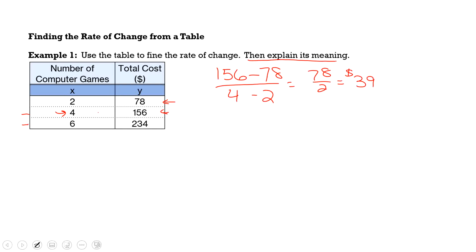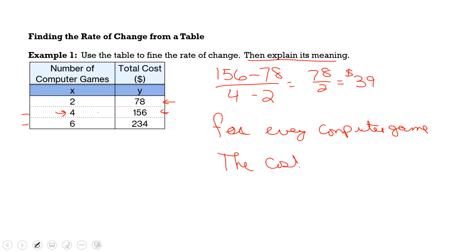What that meaning is, for every computer game you buy, the cost is $39. So if we buy one video game, it's $39. If we buy 10 video games, the cost is $390. If we buy 1,000 video games, the cost is $39,000. We're going up $39 for every extra computer game we buy. Does that make sense? That's the meaning of the constant rate of change.